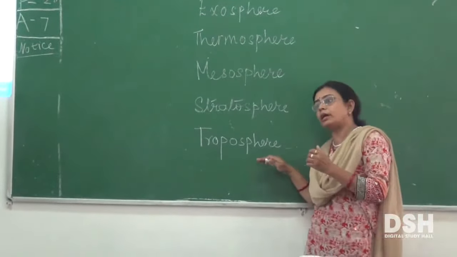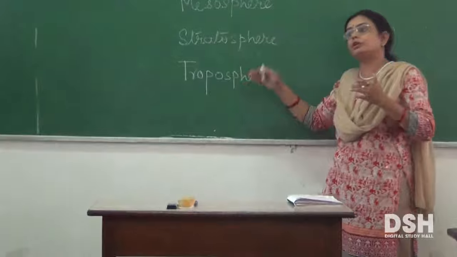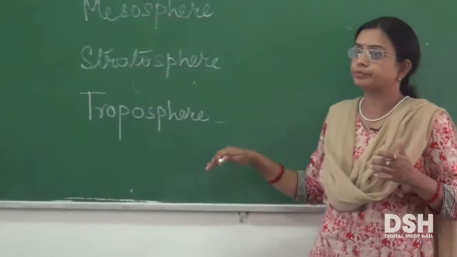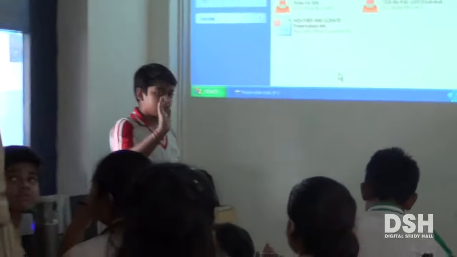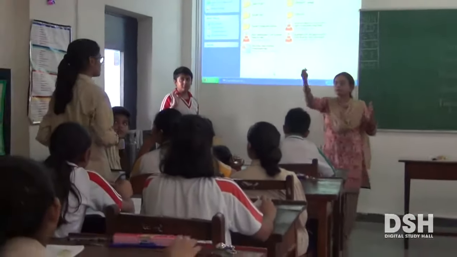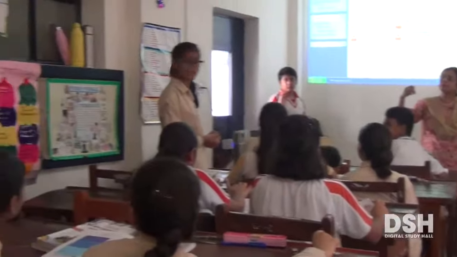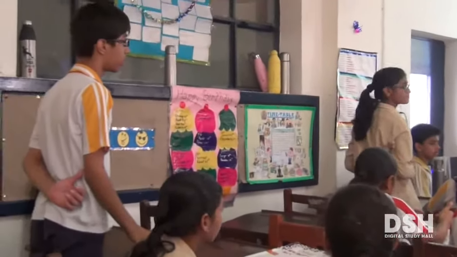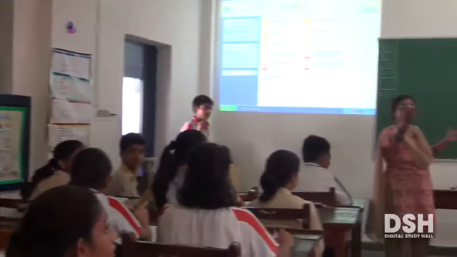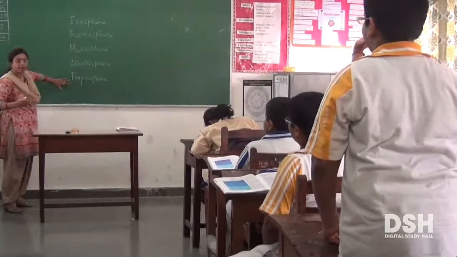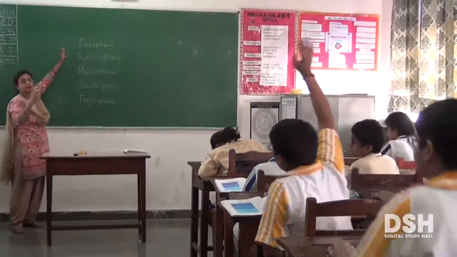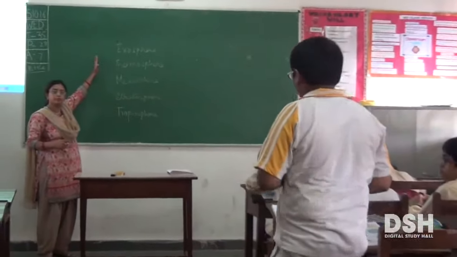Can you tell me why you think the troposphere is the densest layer? Why is it so closely packed? Because it has most of the air present in it, the molecules are tightly packed, and all the heavy gases are present. It has smoke and heat.